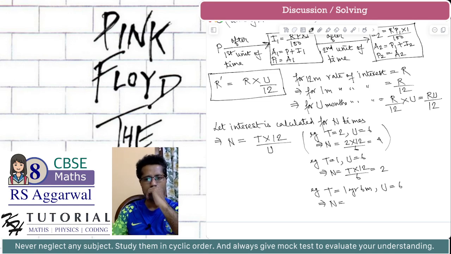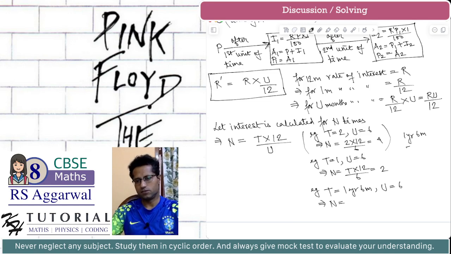Now T can be a fraction. So what will be 1 year 6 months in years? Which obviously will be a fraction. So this is 1 plus 6 by 12 years. This is 1 plus 1 by 2 years.